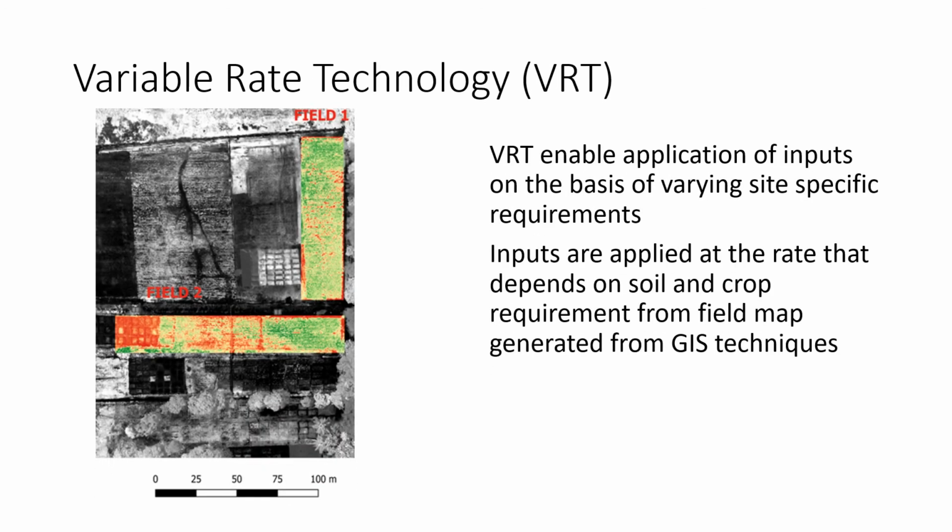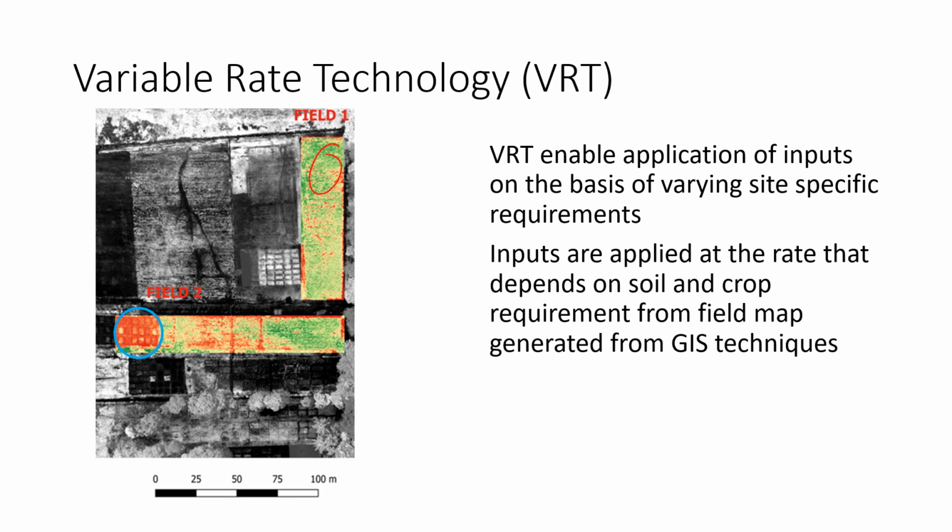So that is how variable rate technology can be applied, because it will make us apply treatments based on the requirement of each particular spot rather than applying the treatments uniformly. Like this area here, perhaps this place didn't need any fertilizers.